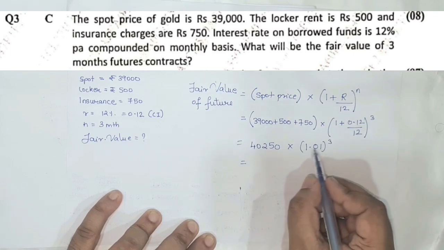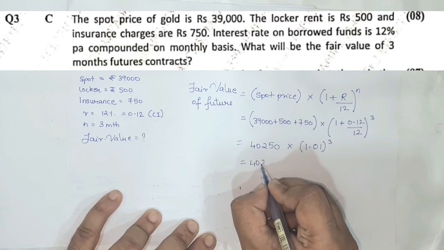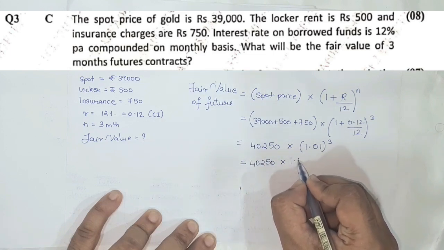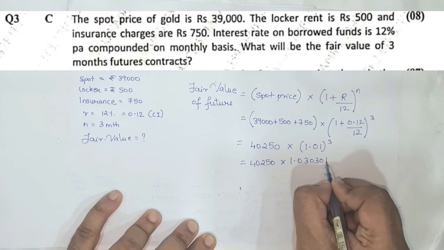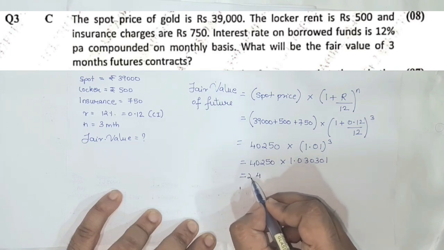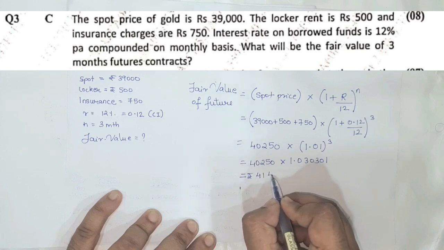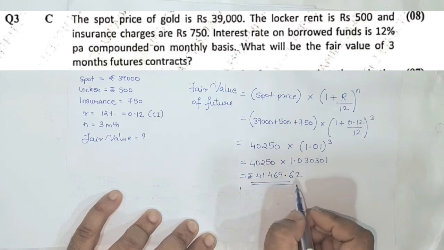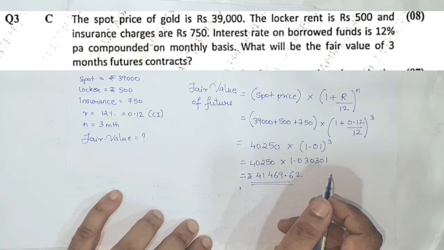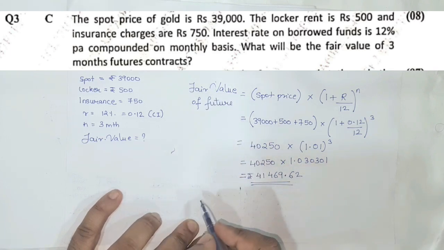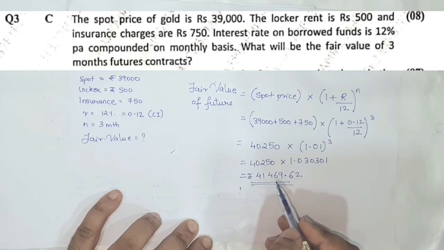We need to find the cube first, which is 1.030301 on the calculator. Now we multiply in the last stage, so the final answer will be rupees 41,469.62. They asked us to find the fair value, so the final answer is this one. Therefore the fair value of the future is equal to rupees 41,469.62.